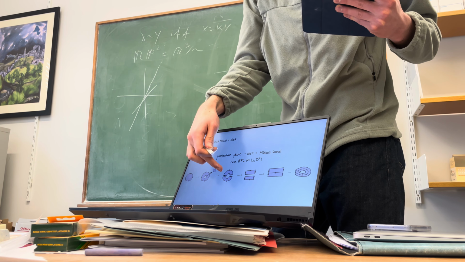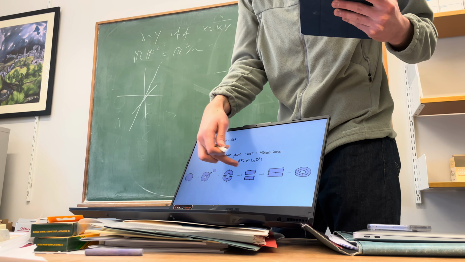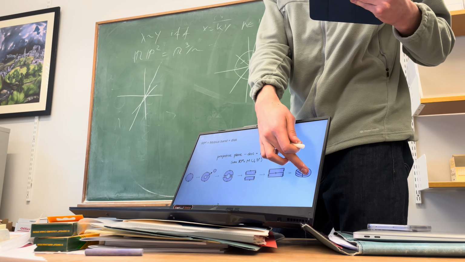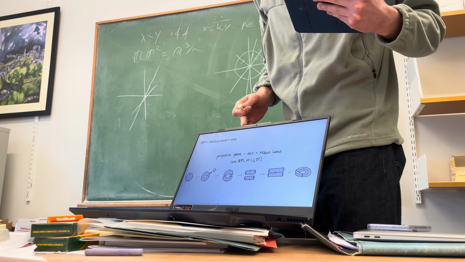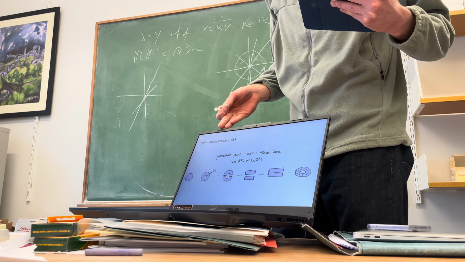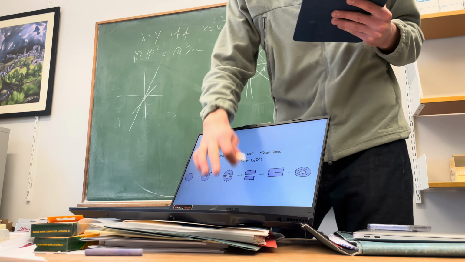You then make these cuts, you glue them along here, and so it forms a Möbius band. So the real projective plane is topologically a Möbius band plus a disk.